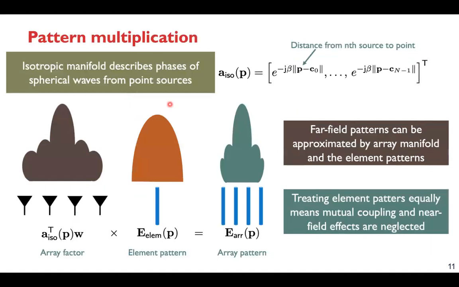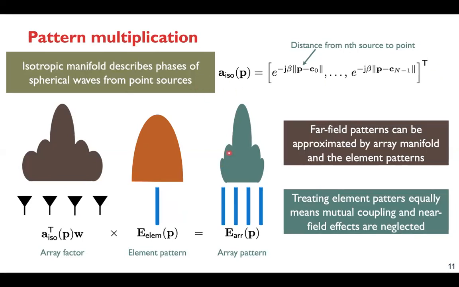Now let's compare this electromagnetic manifold to other notions of the manifold, right? For example, in an isotropic setting for array processing, we could describe each of these antennas in terms of point sources, right? And there, the only thing that we would need to take into account is phase differences and potentially amplitude differences between different elements here. And using this, we could formulate something known as the isotropic manifold using this steering vector shown here.